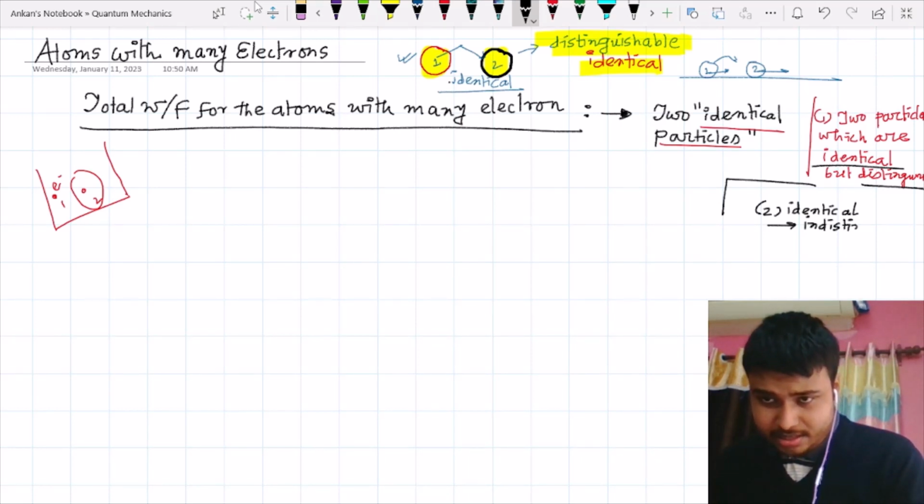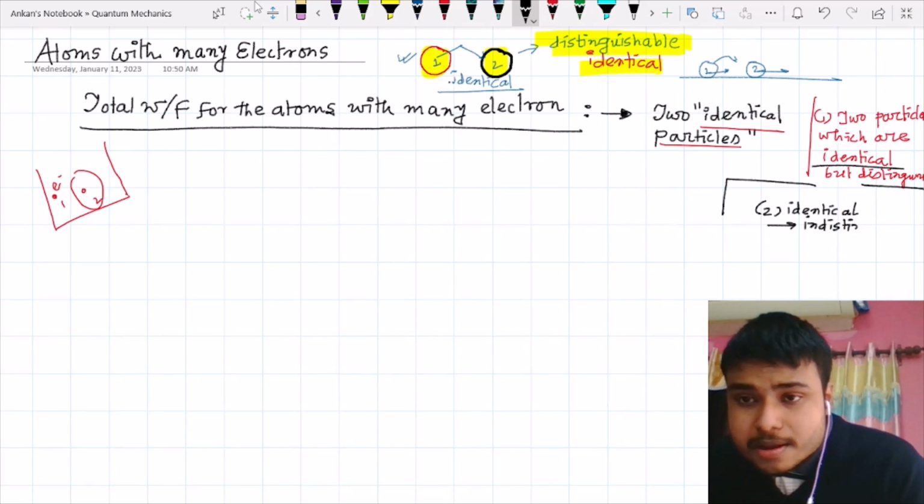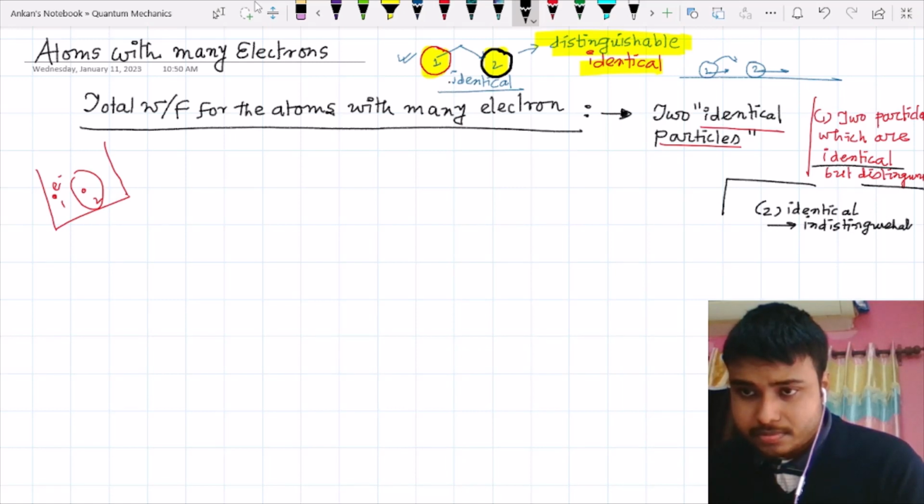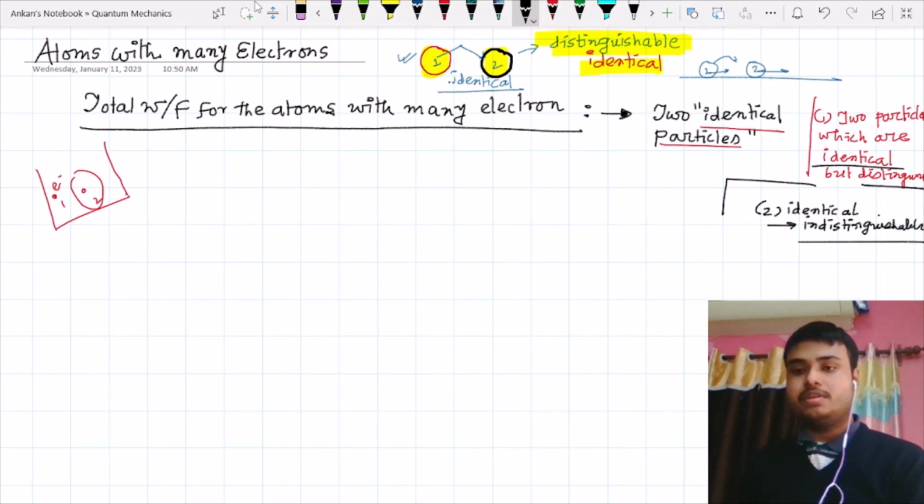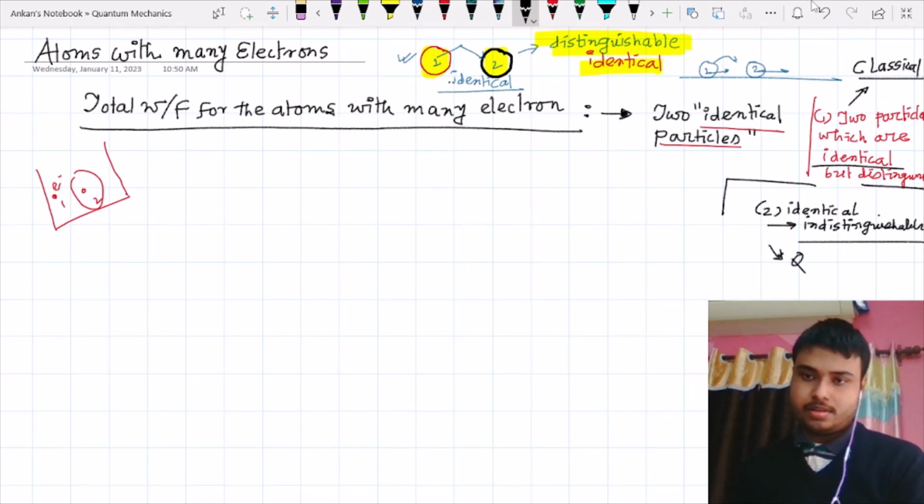The first one is known as classical particles, and the second one is known as quantum particles.